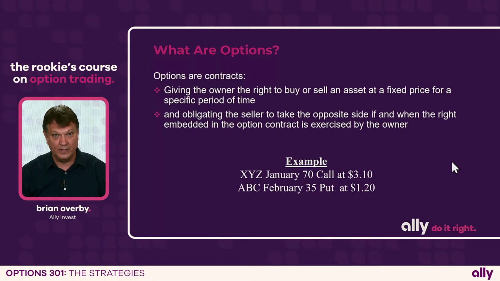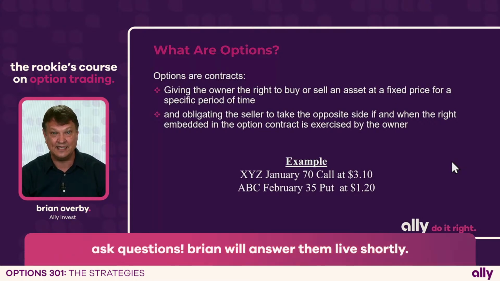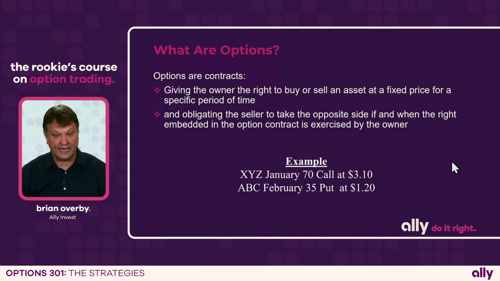But the stuff that we really need to know is basically in the quote. We need to know the expiration date. We need to know the strike price of the option contract. We need to know what the underlying is, what that symbol is. In this instance, XYZ, and ABC is our put option, the two flavors of options, the call and the put. And then obviously the price of the option contract. So we laid that foundation.